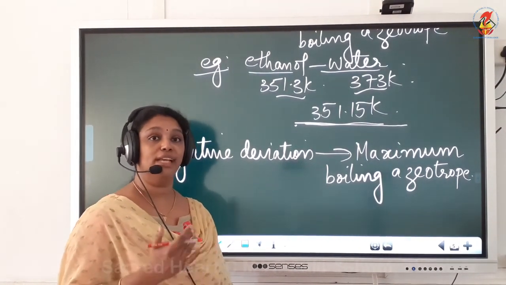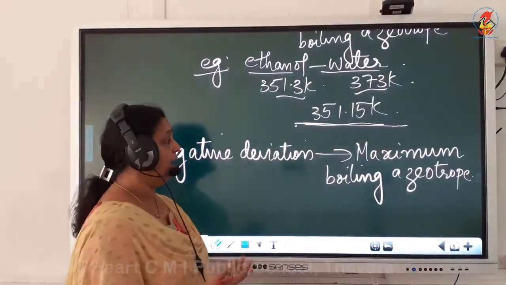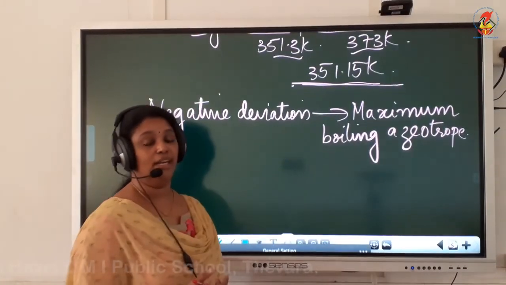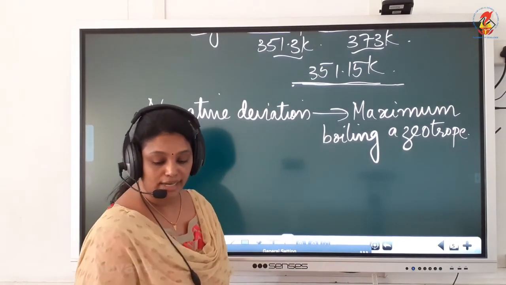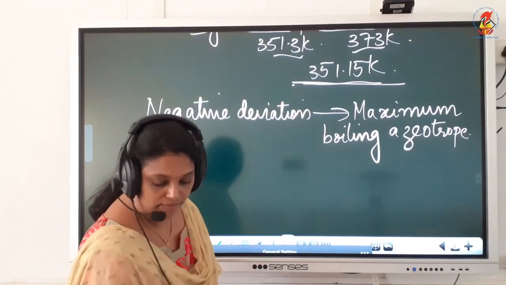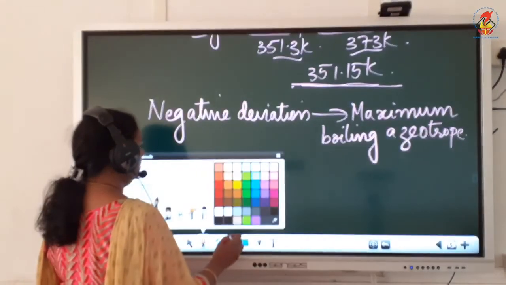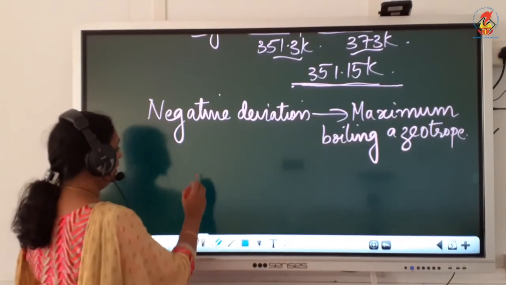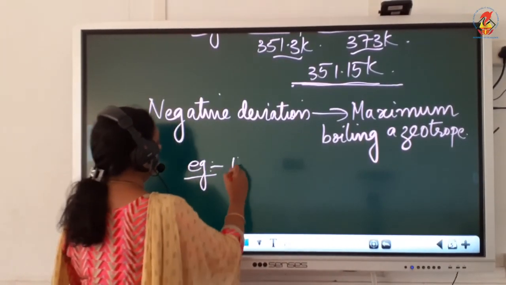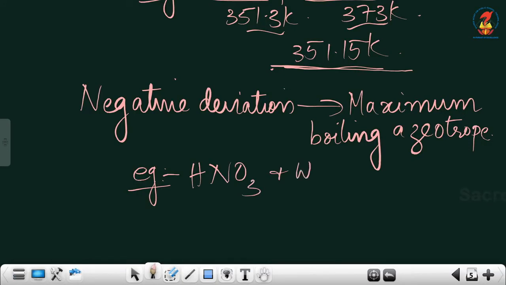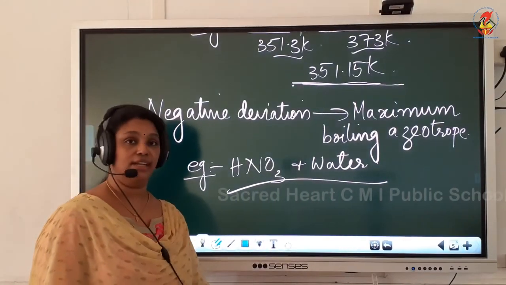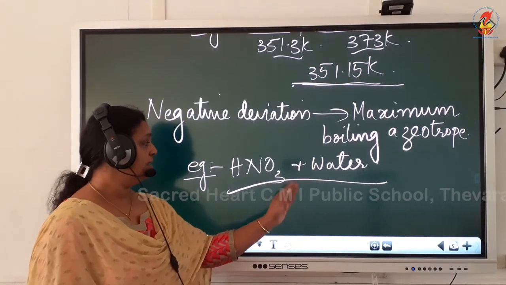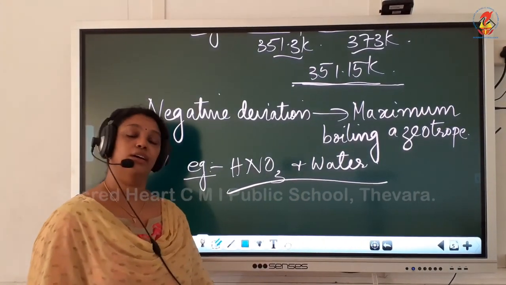So solutions which show negative deviation from Raoult's law will have maximum boiling azeotrope. An example for a solution forming maximum boiling azeotrope is the nitric acid water mixture. These examples are also very important. The example for maximum boiling azeotrope is nitric acid and water, and they show negative deviation from Raoult's law.